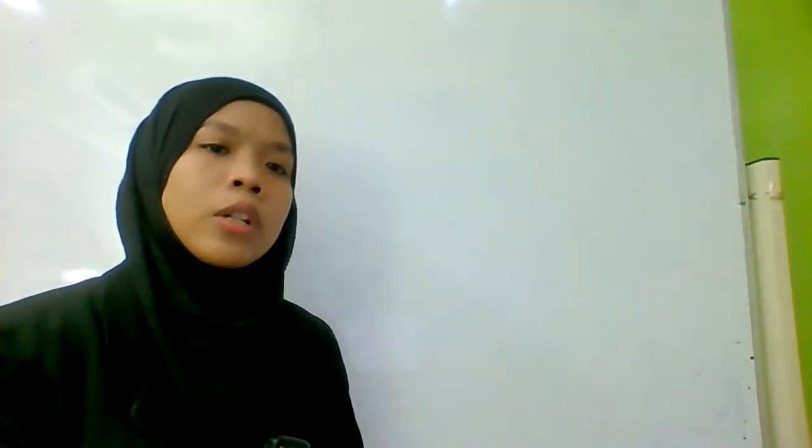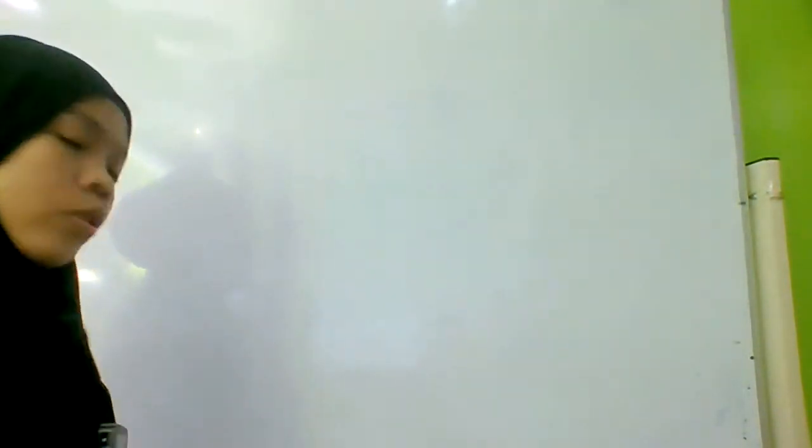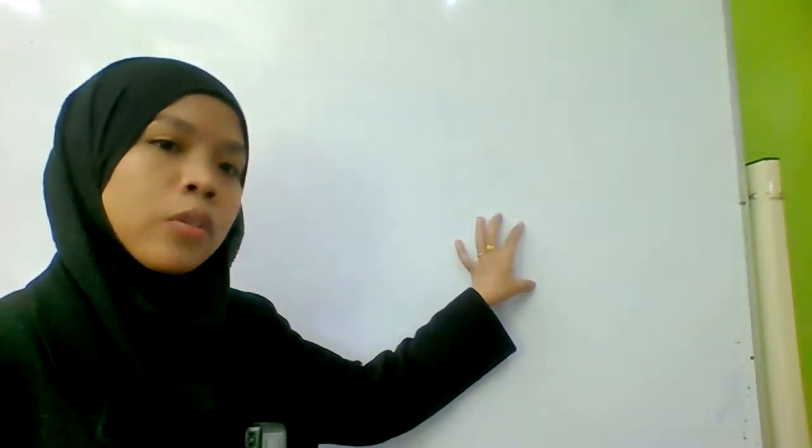Meanwhile, for subordinating conjunction, we have other types. So you have to know the difference between coordinating, subordinating and correlative conjunctions.